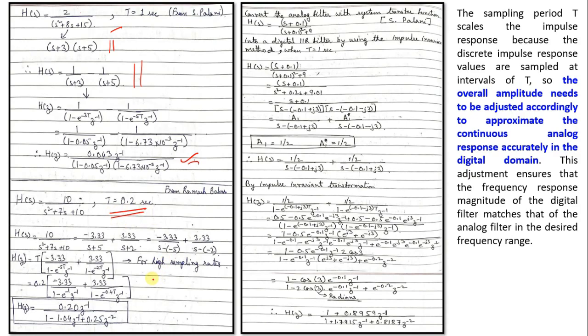In many cases, this capital T is equal to 0.2 seconds. We are applying a multiplication factor capital T, and these are usually for high sampling rates. So anything less than 1 second, you can blindly apply this transfer function. This multiplier T, the rest of the method remains the same.